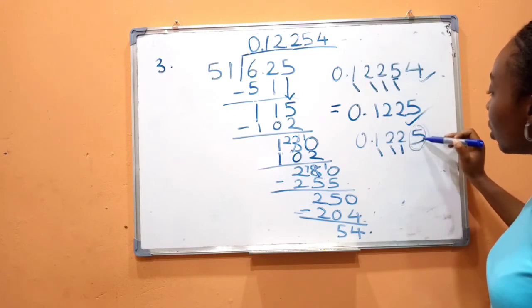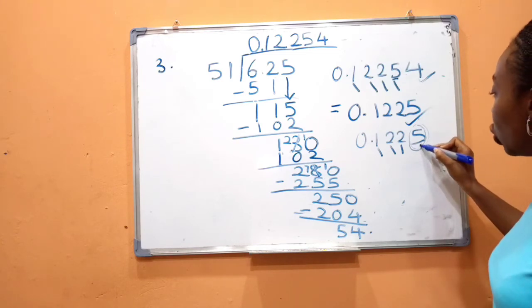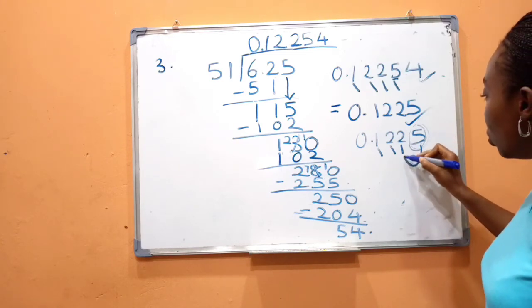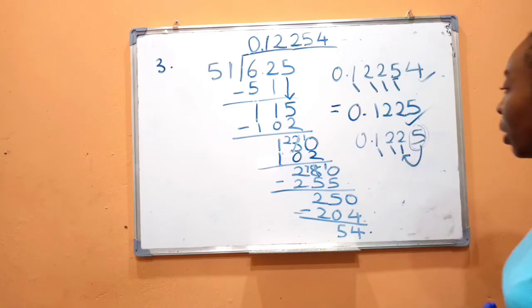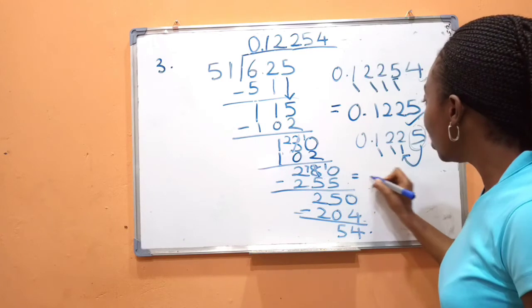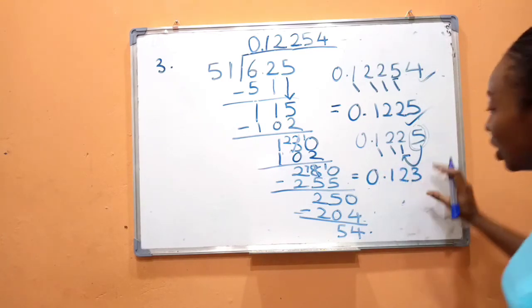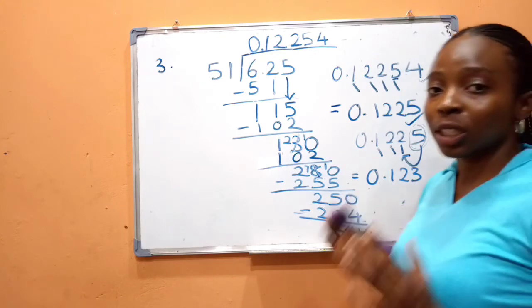Now the fourth number is up to 5. So what we do is to approximate it to 1 and add it to the third number. So when we approximate it to 1 and add it to the third number, we'll be left with 0.123. So this is the answer to 3 decimal points.